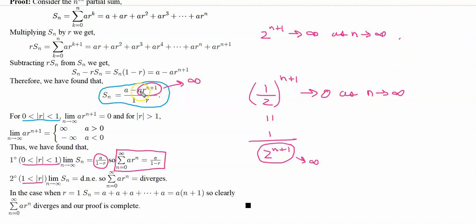So you see a times r to the n plus first power will be going to infinity if r is bigger than 1 in absolute value. And so in this case, we see that the geometric series diverges. And so there you go. So that's our proof. Let's take a look at a few examples.